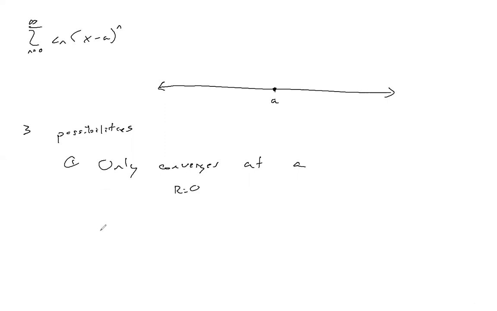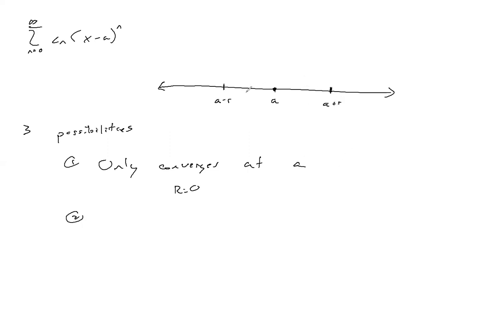R equals 0. Okay, what's the next possibility? The next possibility is some finite interval. So we have a positive radius of convergence, and our series converges from a minus R to a plus R.